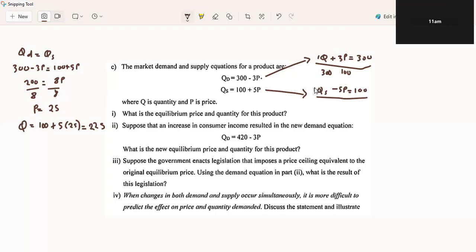What is the intercept for Q and for P? Take it up.